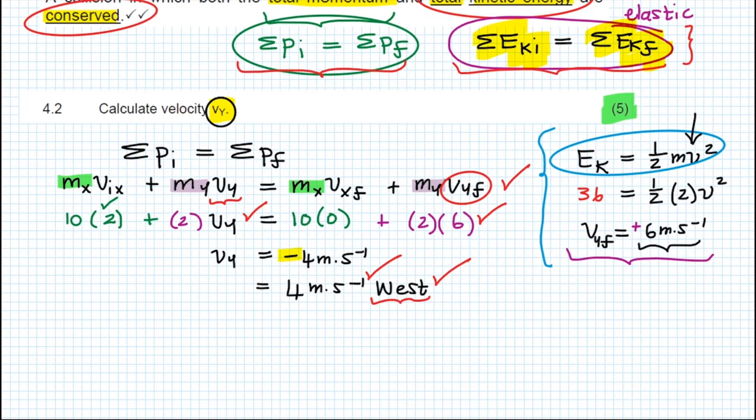And giving the direction is something that many learners skip because you're in such a rush that you forget velocity is a vector quantity and therefore needs direction as well. So please, grade 12s, be very careful if you're asked, especially in this section, to calculate velocity, and they don't say the magnitude of the velocity, then you must give direction as well. This calculation will give you 5 marks.